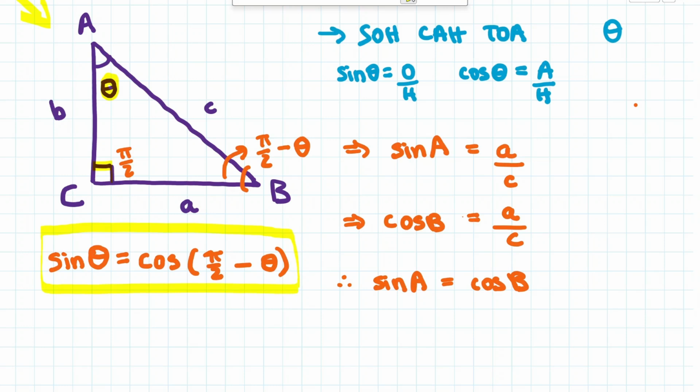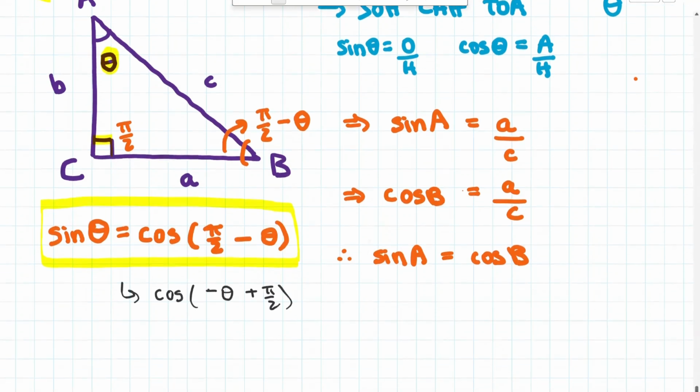Another way to look at it is in terms of transformations, how you would have your negative theta and then plus pi over 2. So why don't I show you what that means? If we rewrite this in terms of transformations, we can have it as cos of negative theta plus pi over 2.